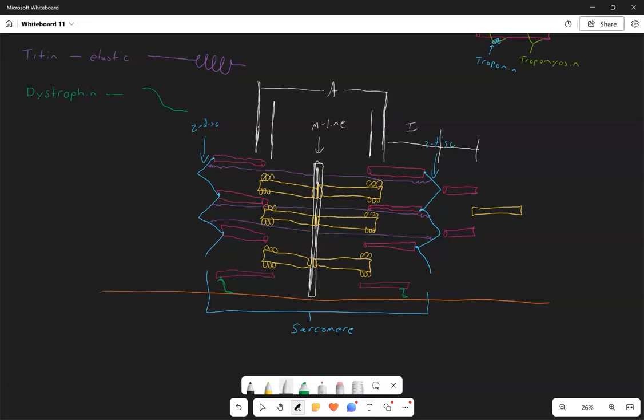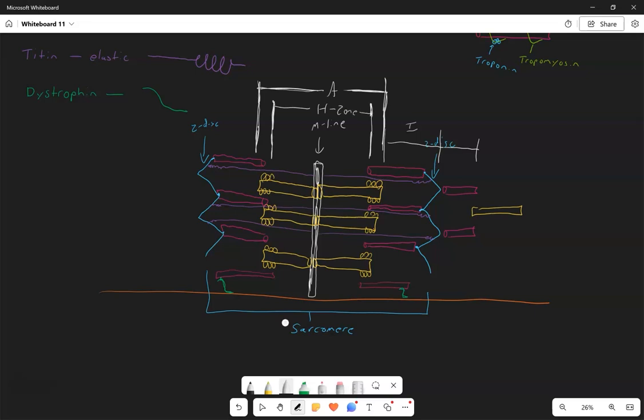That's the common one. So the A band is the whole length of that thick filament. We have our M line here, and where we have only thick filament, from here to here, this is known as the H zone.